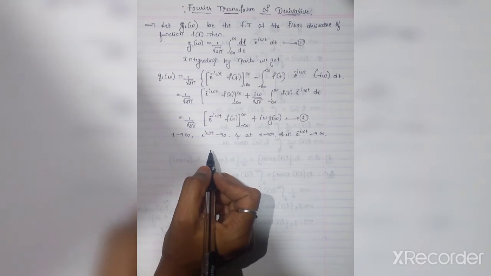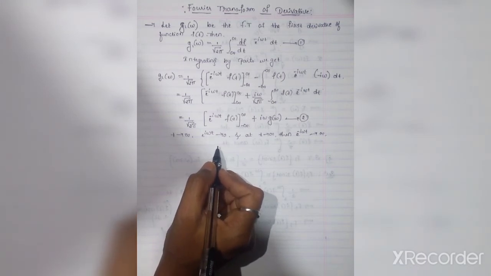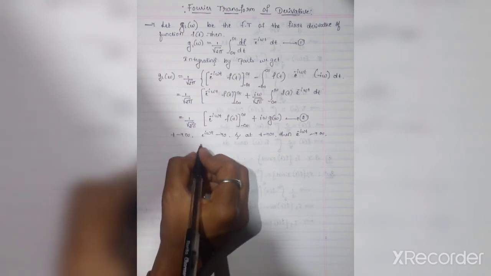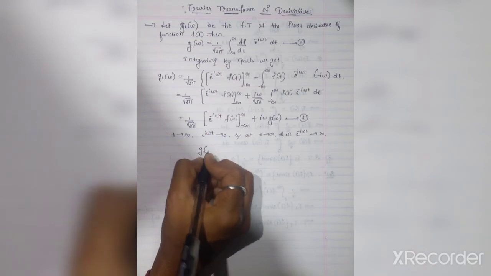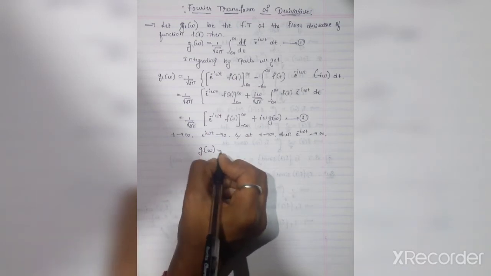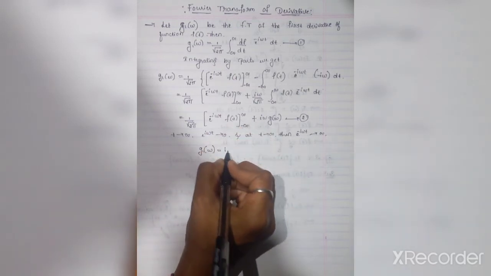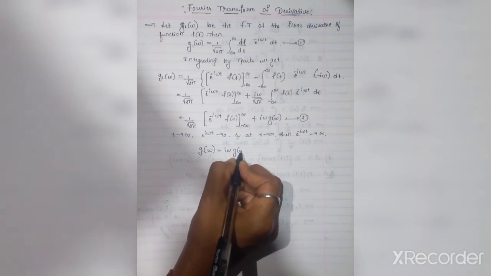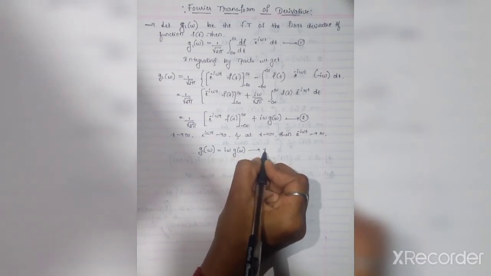Therefore, for the limit to exist, the function f of t should be a well behaved function such that f of t must decrease to 0 as t tends to infinity at a much faster rate than that at which e raised to minus I omega t leads to infinity. Then g1 of omega equals I omega g of omega. Consider this as expression number 3.